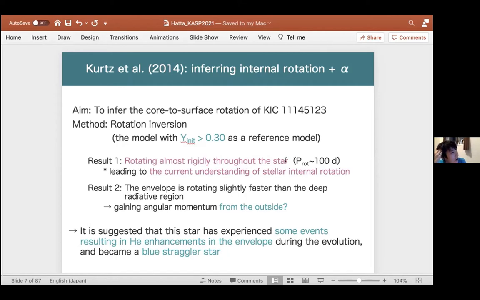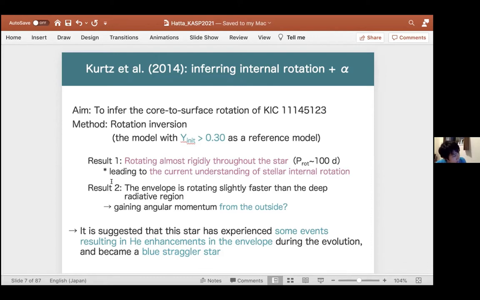Actually, after Kurtz et al. 2014, there have been a number of asteroseismic inferences on the internal rotation of main sequence stars, but the results are more or less all the same. Almost all main sequence stars are rotating almost rigidly throughout the star. This is the current view of stellar internal rotation obtained by asteroseismology.